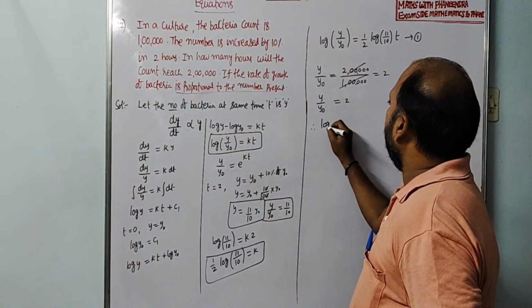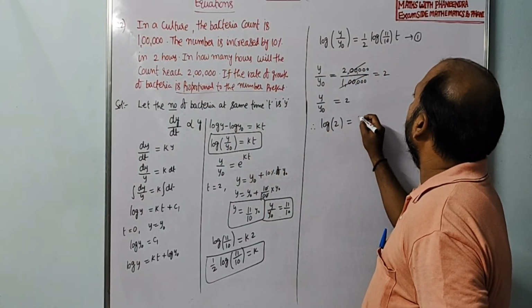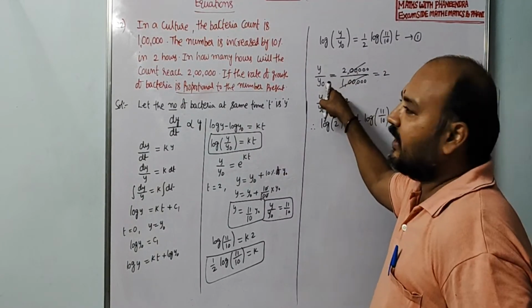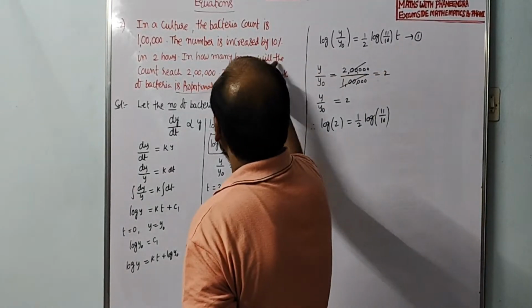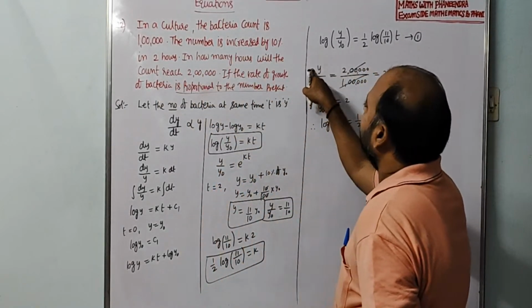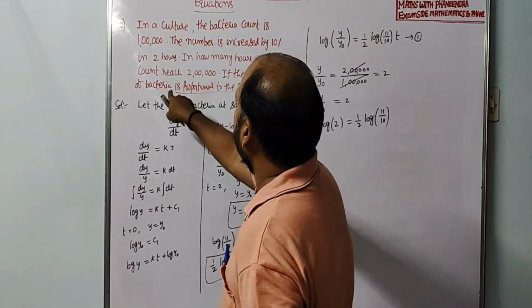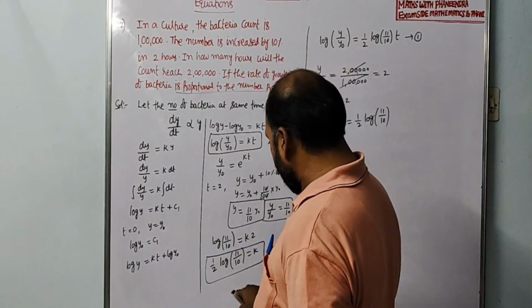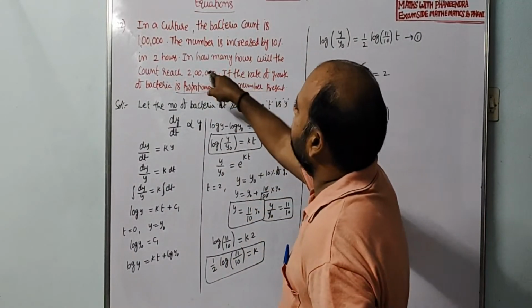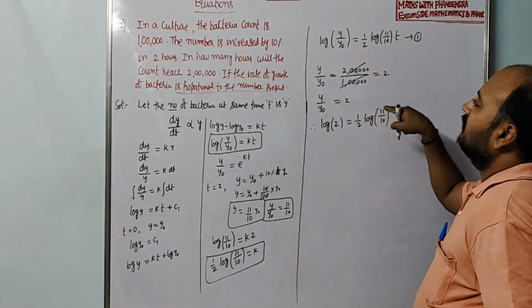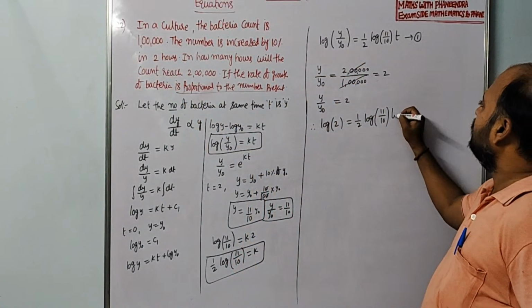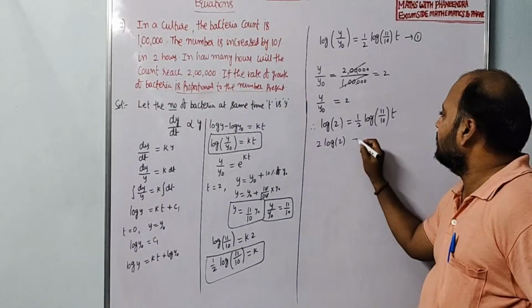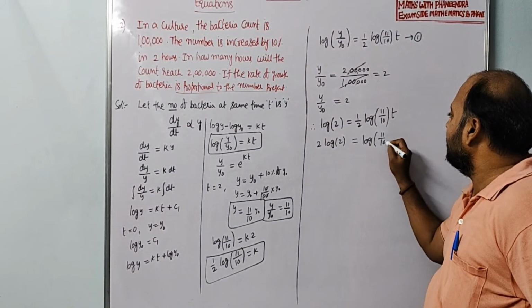So log 2 is equal to 1 by 2 log 11 by 10 into t. Why are we taking this? In how many hours will the count reach 2 lakhs if the rate of growth of bacteria is proportional to the number present? The y naught value we got at first is the present, 1 lakh. So 2 log 2 is equal to log 11 by 10 into t.